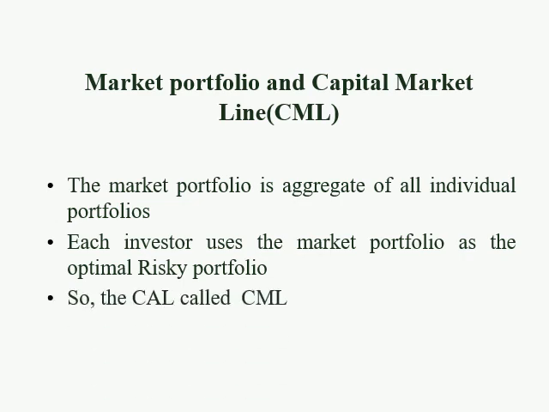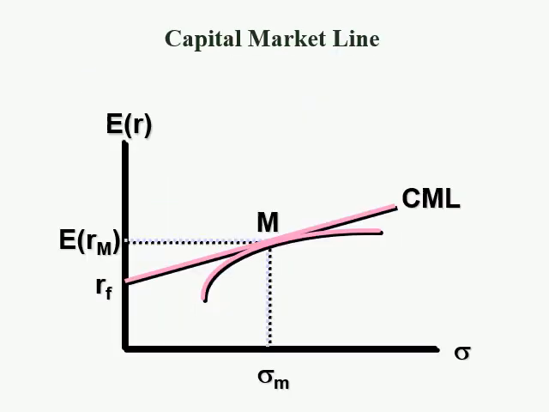So we will change CAL to CML. What is CAL? That is the capital asset line. We took it before in the previous chapter, the capital asset line. And we will use the capital market line as in the next figure.